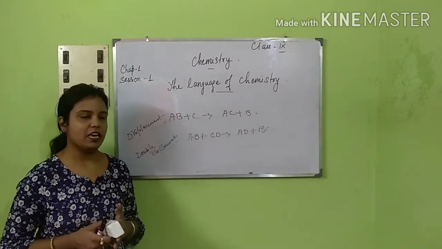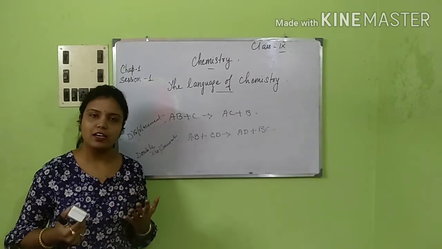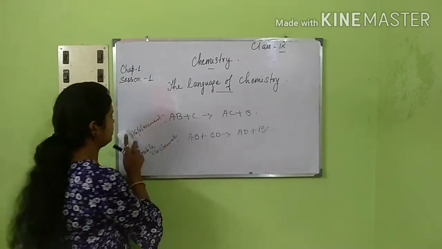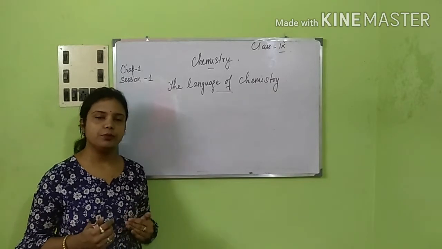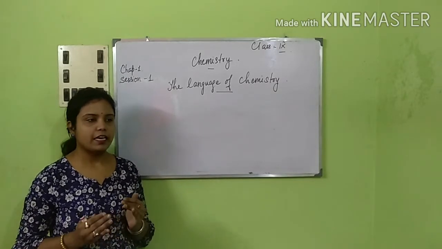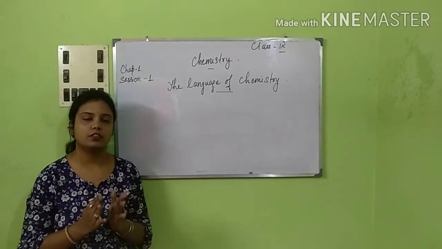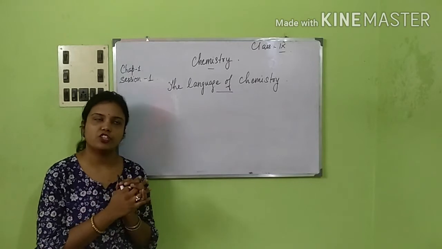How are chemical equations balanced, and why does a chemical equation need to be balanced? A chemical equation needs to be balanced because these reactions hold the law of conservation of matter. What does the law of conservation of matter state?